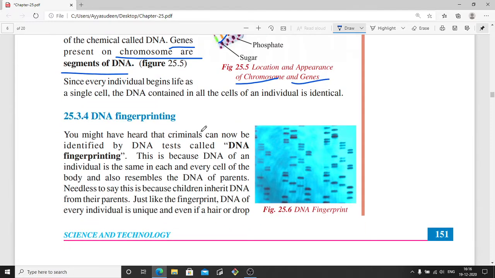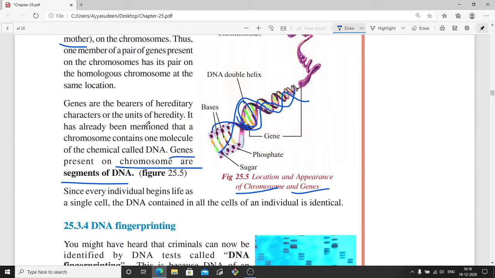Basically, genes carry the information that will be passed to the next generation, which contains the factors, that is, the characteristics. For example, if the father or mother has blue eyes, or greenish eyes, or brown eyes, then this is due to a gene responsible for that in their body.